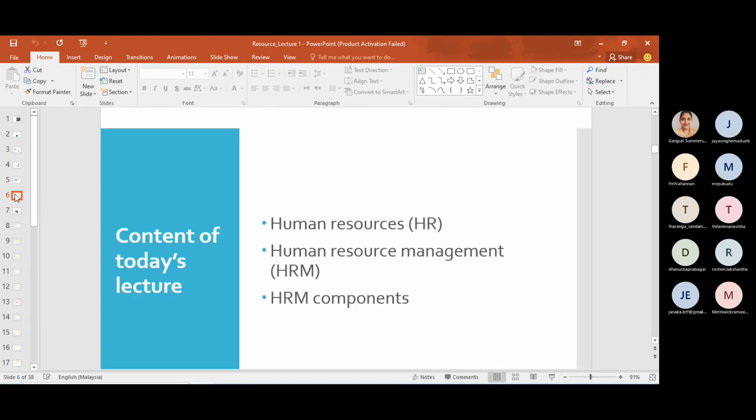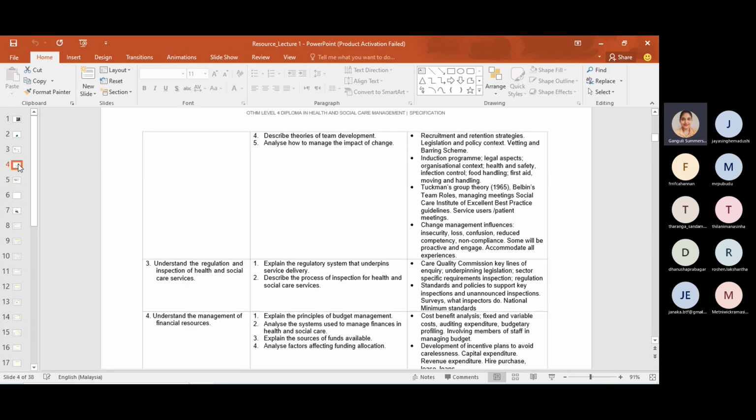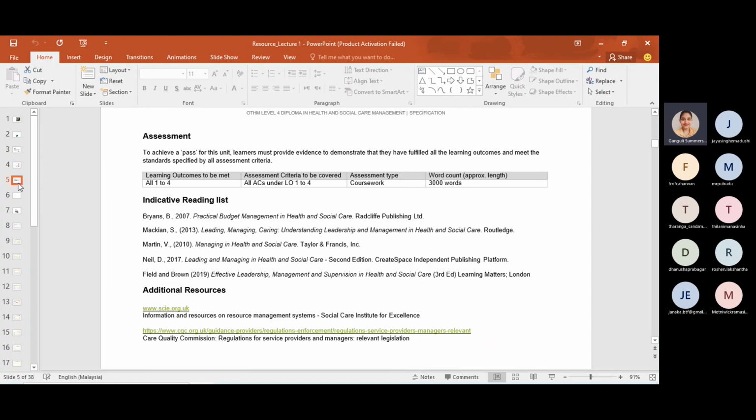For example, if you cover only 3 learning outcomes out of 4, it will go as a fail, because all the learning outcomes should be covered and there are 4 of them. And there are 13 assessment criteria in this subject. You have to cover all of them to get a pass.